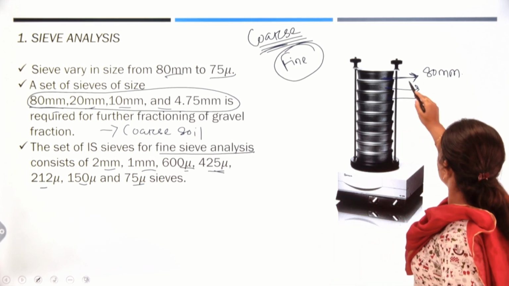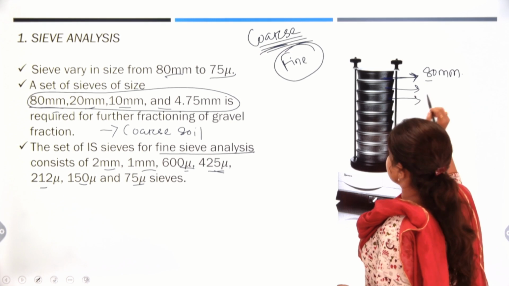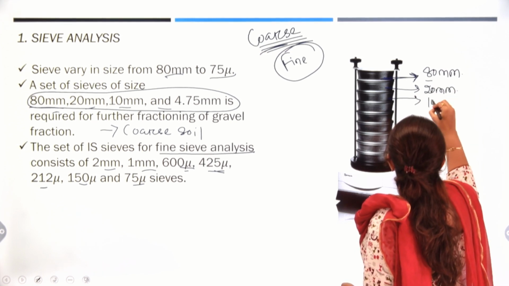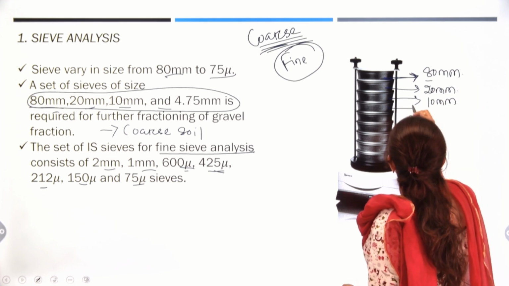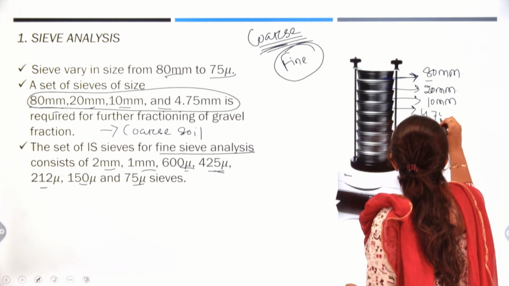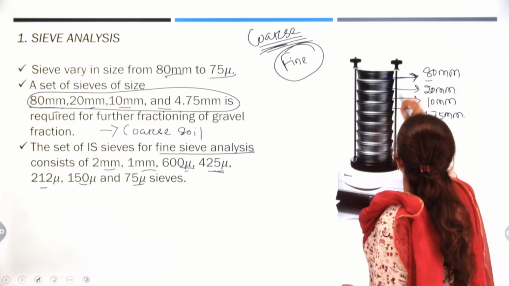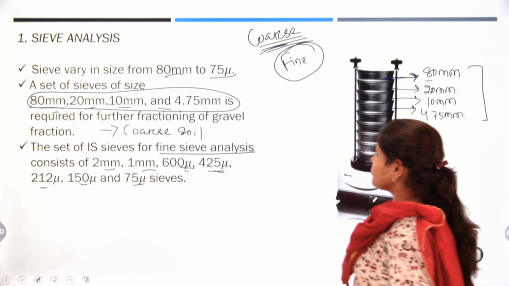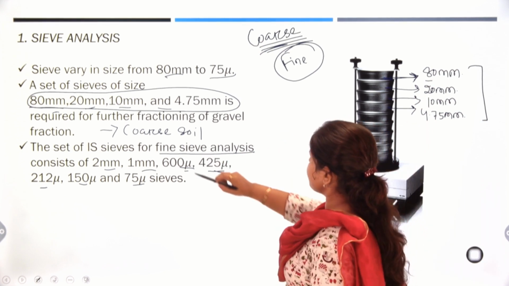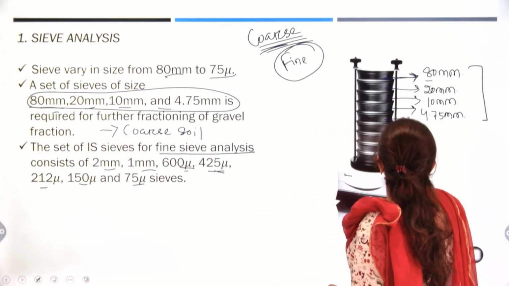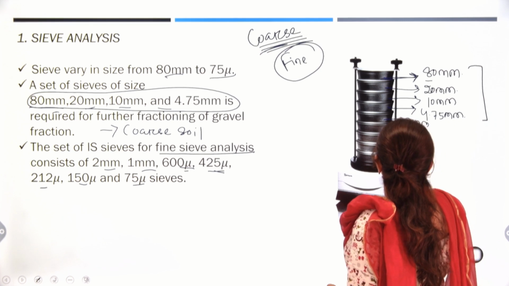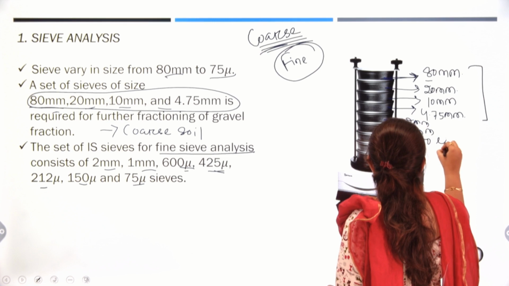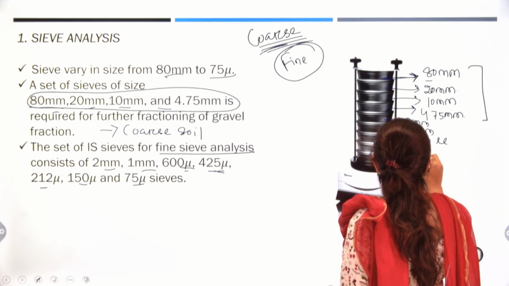So how does this sieve analysis occur? Here we put the 80 mm sieve. Next is our 20 mm sieve. Next is our 10 mm sieve. Next we put the 4.75 mm sieve. These are for coarse soil. After 4.75, we will put 2 mm, then 1 mm, then 600 micron, then 425 micron.